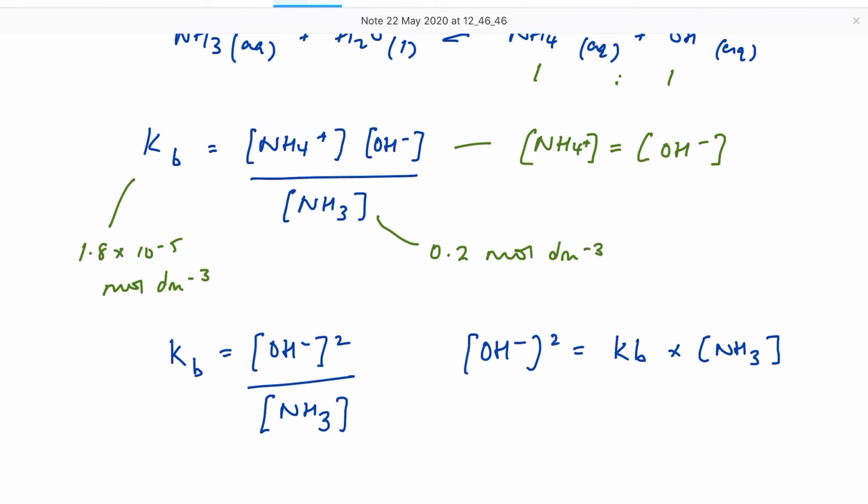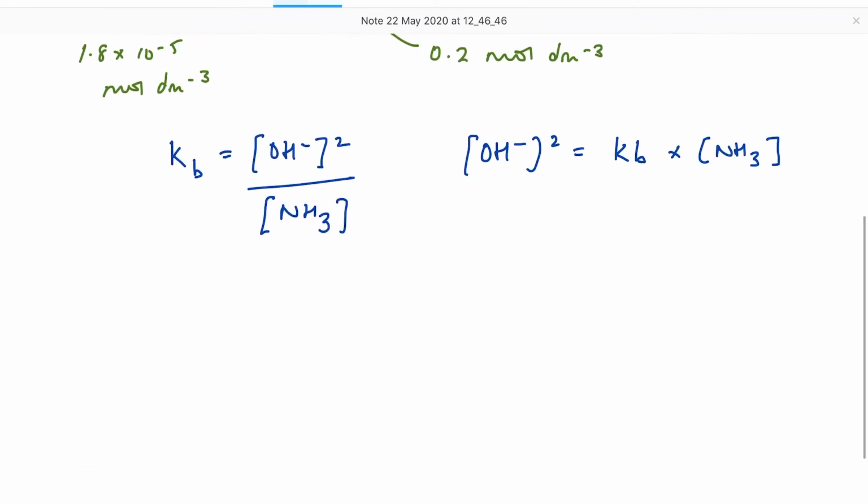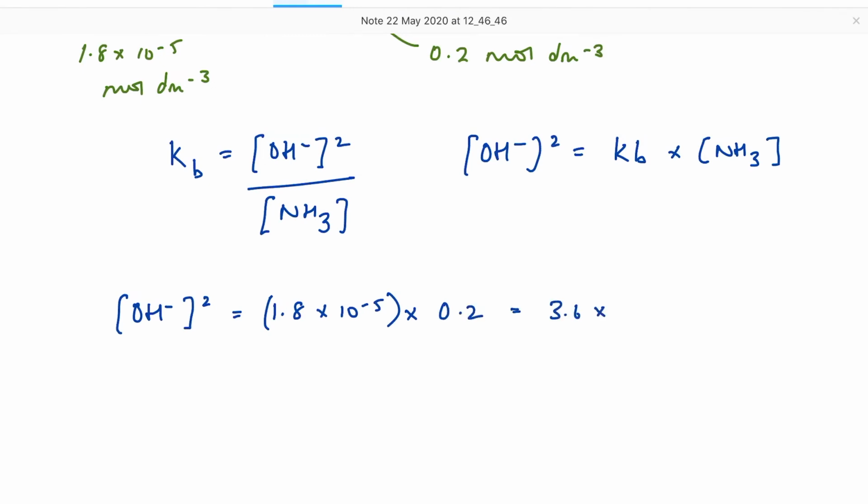Let's put some numbers into that. So the hydroxide ion concentration squared is equal to 1.8 times 10 to the minus 5 multiplied by 0.2, and that comes out at 3.6 times 10 to the minus 6.